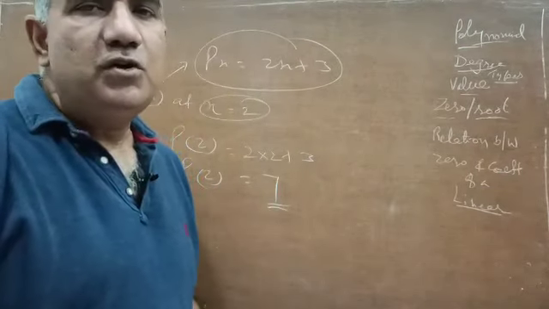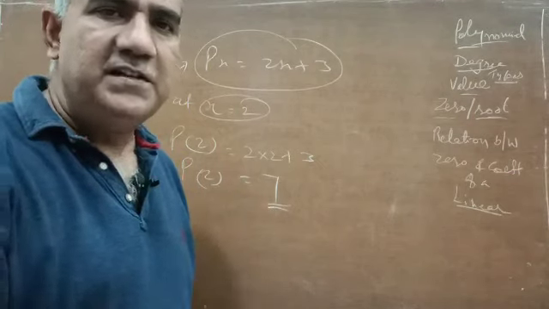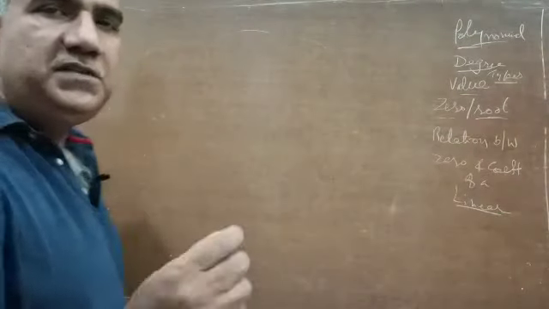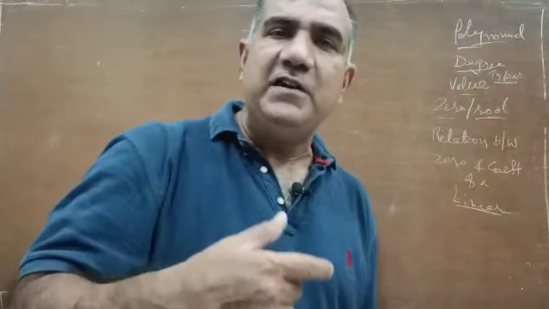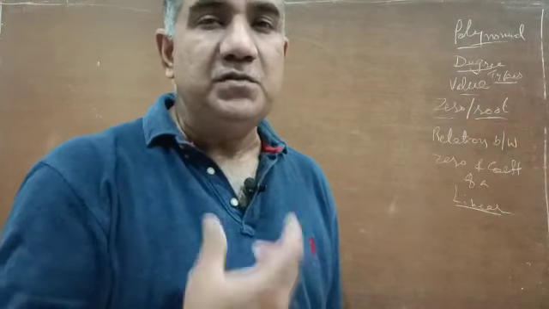Now zero and root, these two terms are very frequently used interchangeably. They are one and the same, and now we will be talking about the zero of a polynomial. When we say zero of a polynomial, it is that value of the variable which, when substituted into the given polynomial, reduces it to 0.